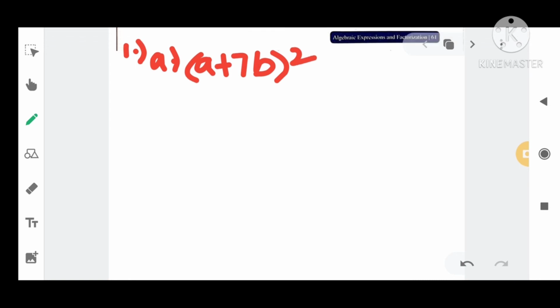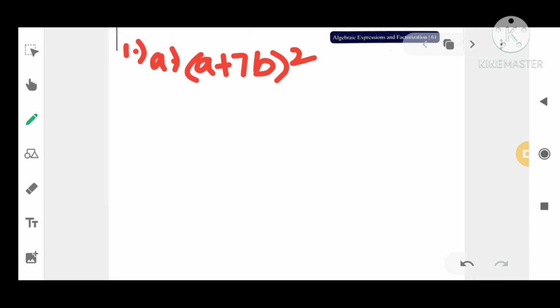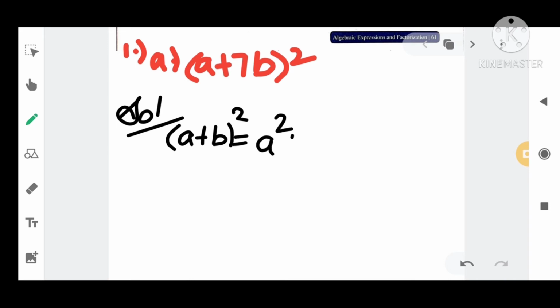In the solution, which method is it? A plus b the whole square method. So in the solution, a plus b the whole square is equal to, I just write the expansion, a square plus b square plus 2ab.